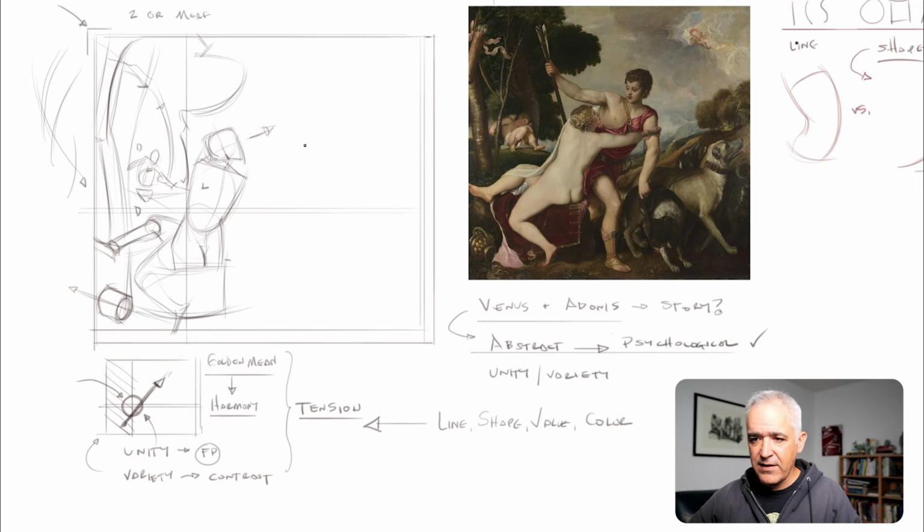And now let's look at the diagonal. So the diagonal is this. This is Adonis moving away. That's the general gesture of the body. And the other thing that I noticed that's really fascinating that I mentioned earlier is he's giant. Even though his head is tiny and baby-like, a very cherub-esque head, it's very tiny.